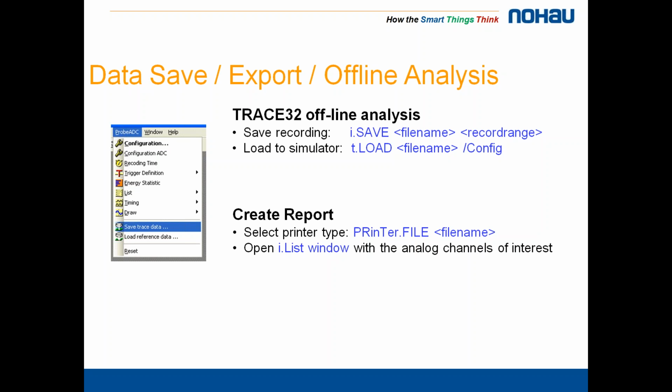Then you can store it to your hard drive, and then you or your coworker can load this energy buffer, the trace buffer, and the application onto the simulator mode. And then you can look at the results again, and you can debug your application using the trace buffer backwards and forwards and looking at the energy consumption. Or you can create a report.